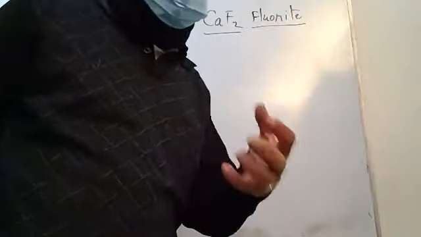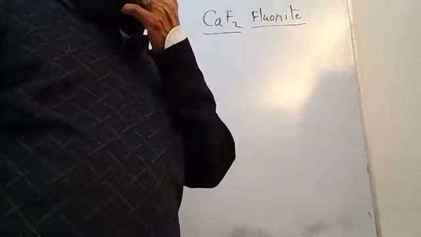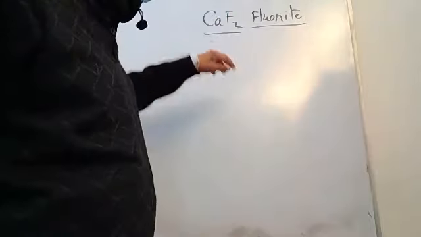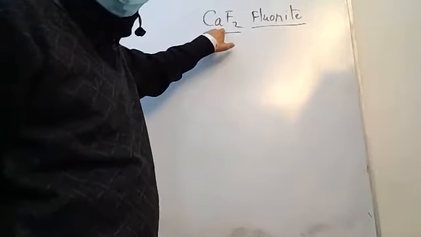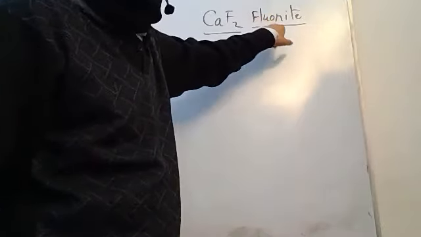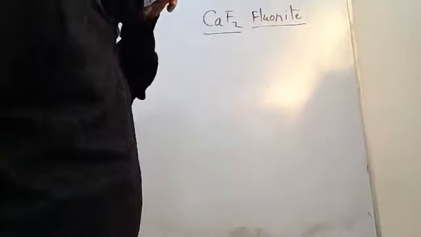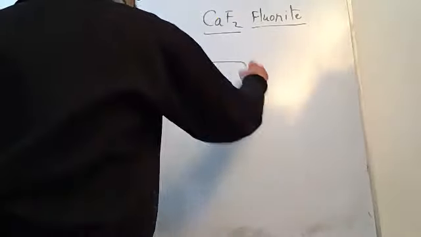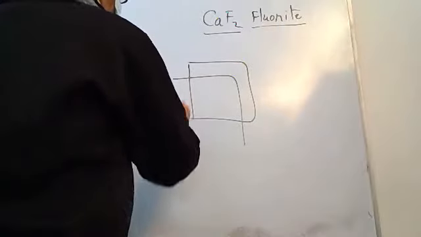So what the jewelers do is to remove the calcium fluoride, they heat it up using a torch. So this flows in the jeweler's torch, and that's the reason why it's called fluorite, because it flows out of the torch.